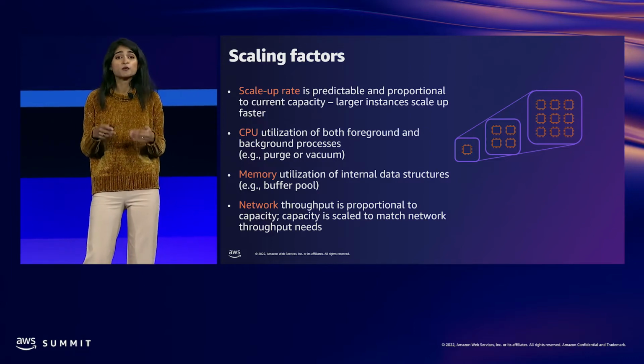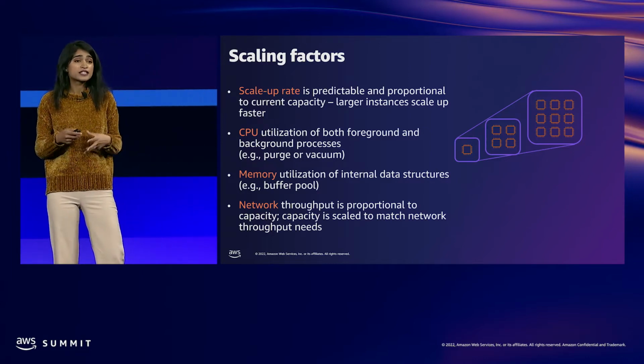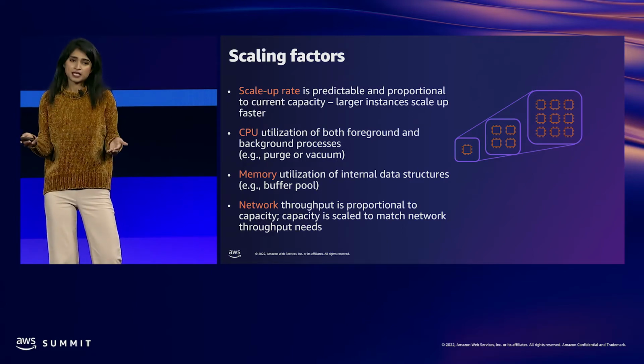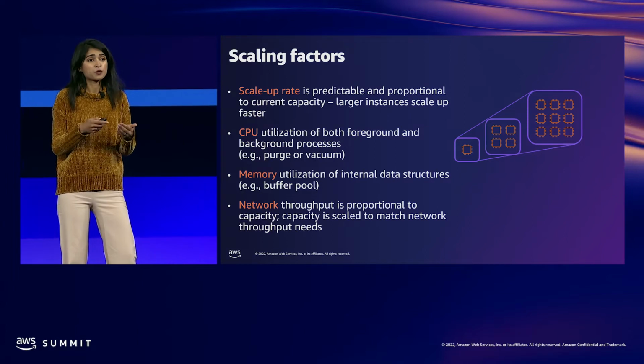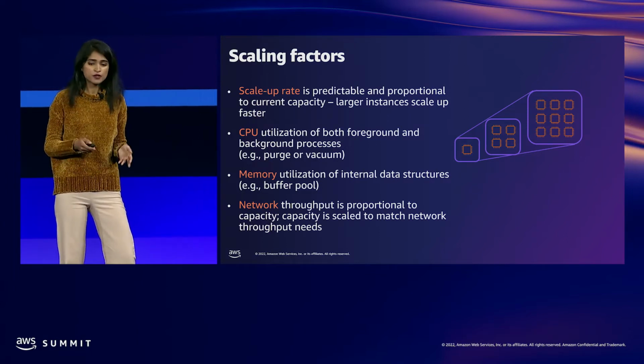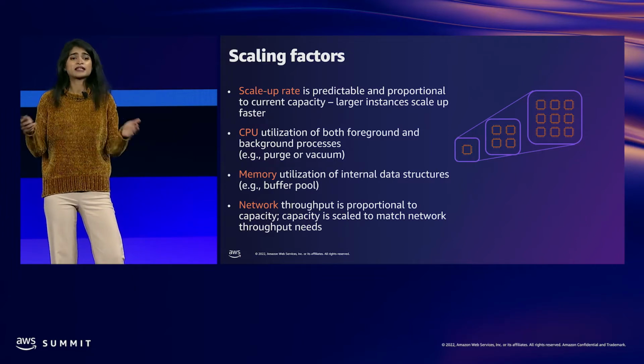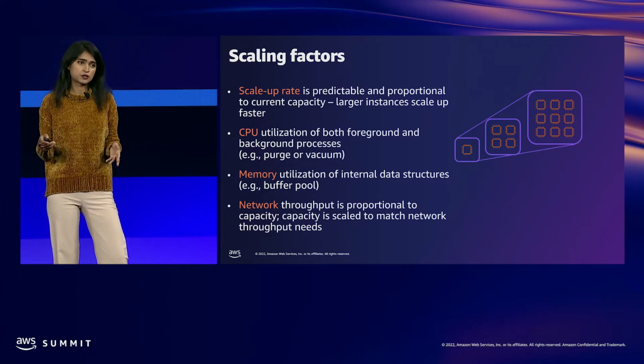If it requires more memory, if there's pressure on the internal data structure and you need more memory, again, we're going to scale up the database so your workload gets more memory resources. And same for network throughput. If you need more network resources, we'll scale the database up so you get the resources that you need.